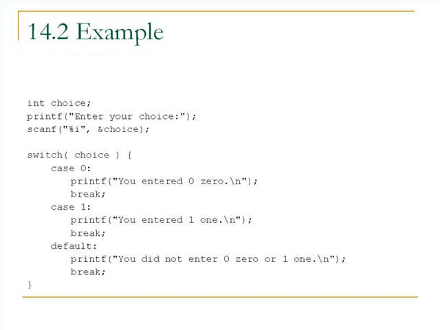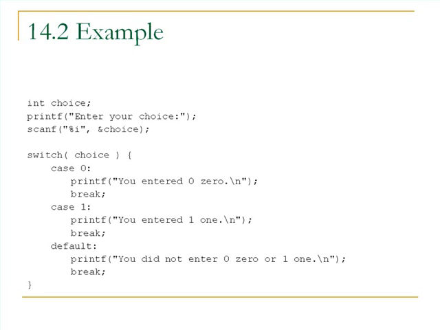Here on this slide we have an example. It's best to look at a real-world looking example of how to write a switch statement in C. In this example we're asking the user to enter the choice of something. I don't know what it's the choice of, but we've apparently presented them with some choices and said pick one of them, and then we switch on their choice. We have 2 cases in here, case 0 and case 1.